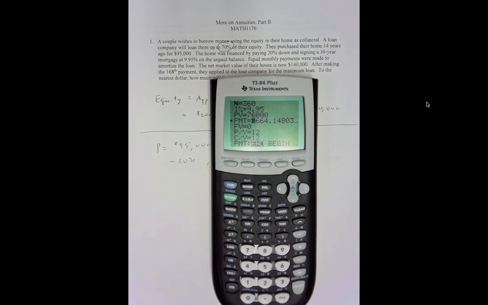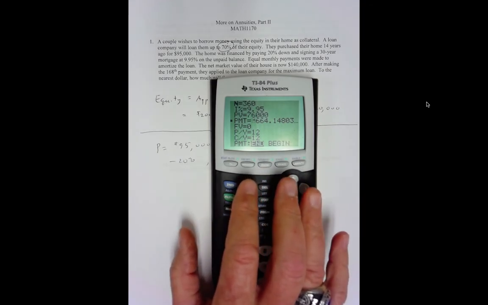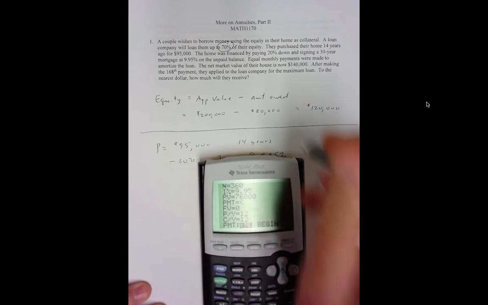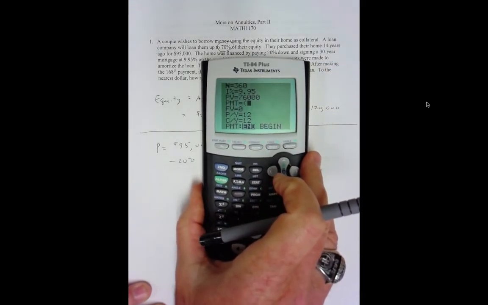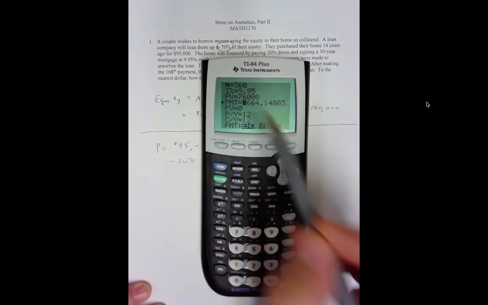So their payment would be $664.15. The only reason we do that is so we can use the balance key on our calculator to find this value right here, the amount owed. For the balance key to work, this has to be stored in our calculator.